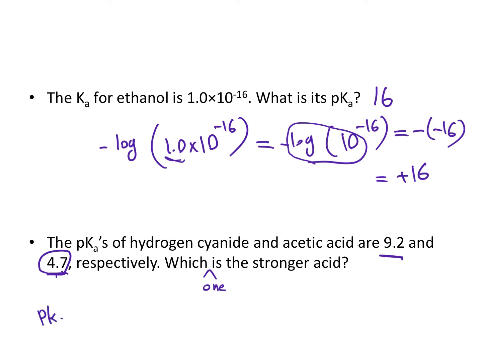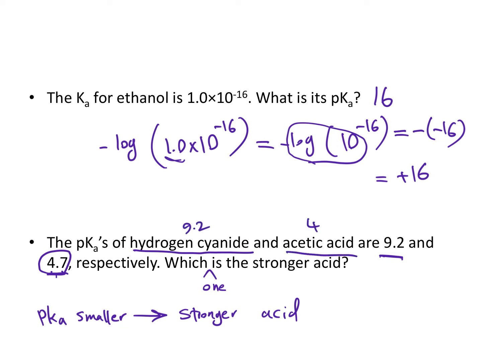I'm going to write pKa smaller means stronger acid. So you compare these two numbers and see which one corresponds to which one. This one was 9.2, this one is 4.7. So acetic acid is stronger.